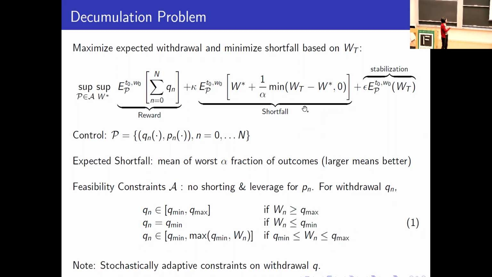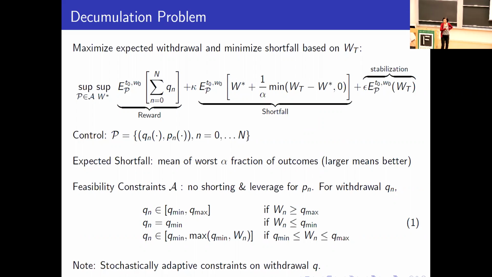And also we impose constraints. For our allocation, we don't want to short, we don't want to leverage, so there are some simple constraints for the allocation. For withdrawal, we also have a different constraint, which is quite complex at first glance. Basically, we want the withdrawal to be between a minimum amount and a maximum amount.